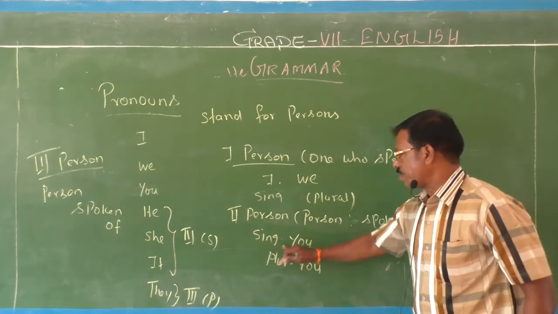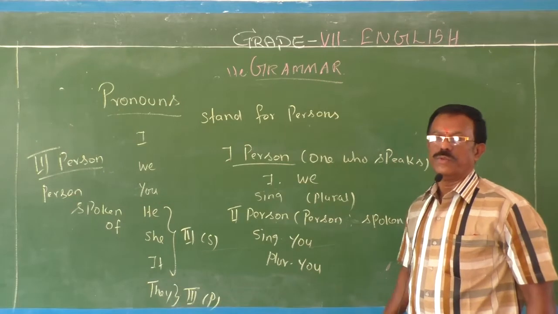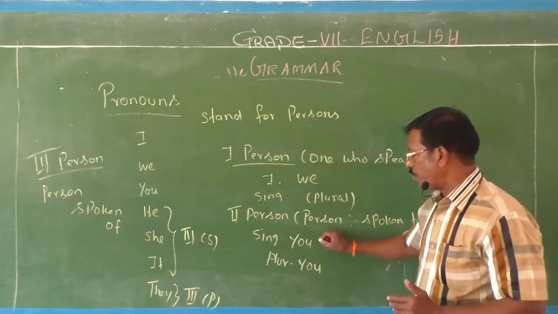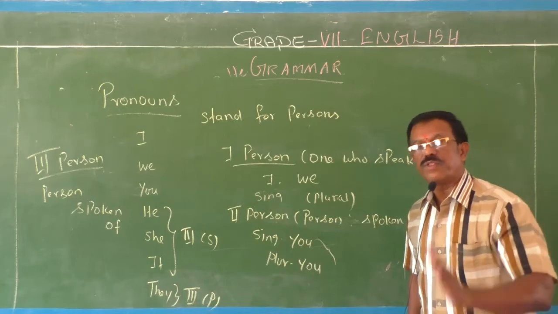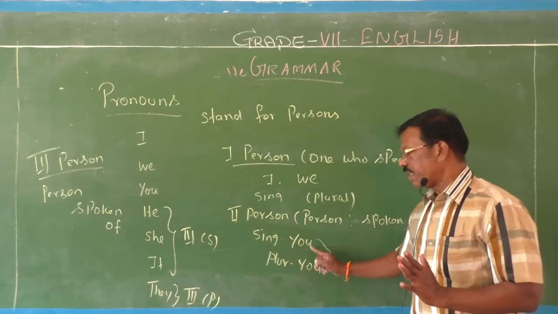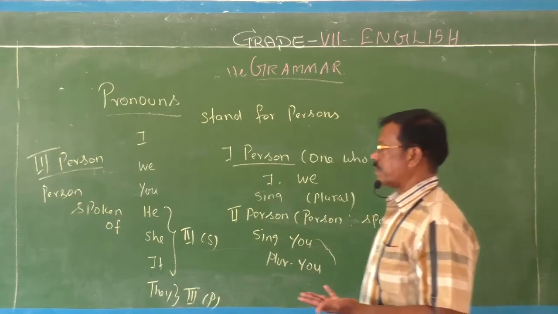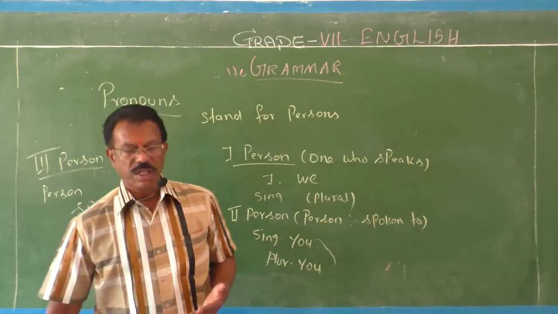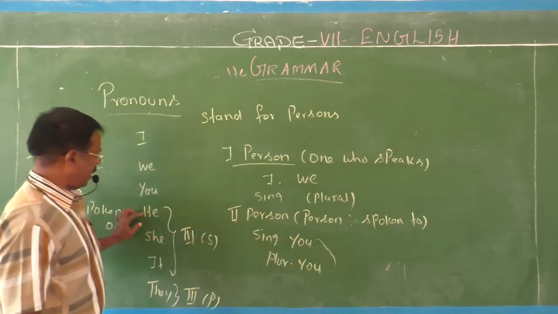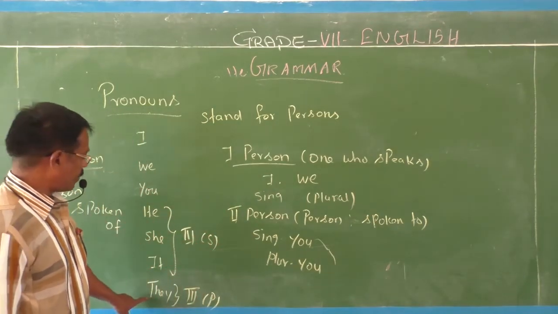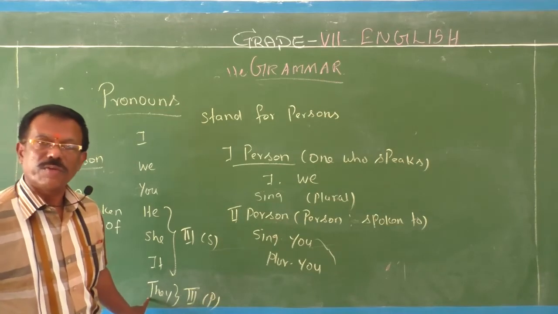Second person singular, you. Second person plural, also you. That's the reason that after you we always have to use a plural verb. Then third person, who is spoken of. Third person singular, he, she, it. Third person plural, they. Could you follow me, children?